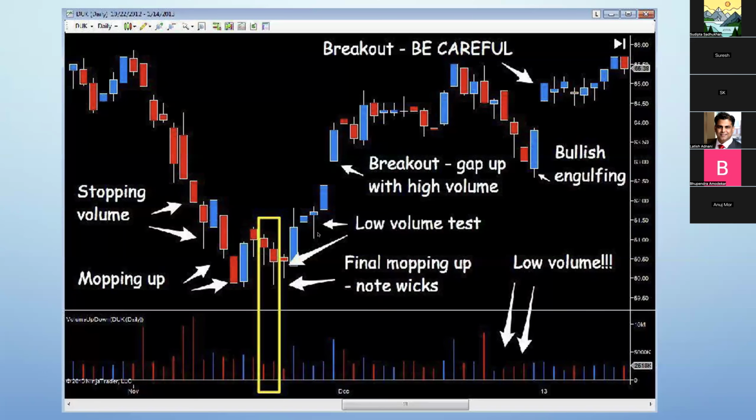It is applicable for all time frames, but what I mean to say is how the accumulation and distribution phase works. That is why I have not mentioned the time frame at all. You can see these kinds of patterns in intraday trading as well. Got it. Fine. Let's move on to the next slide.